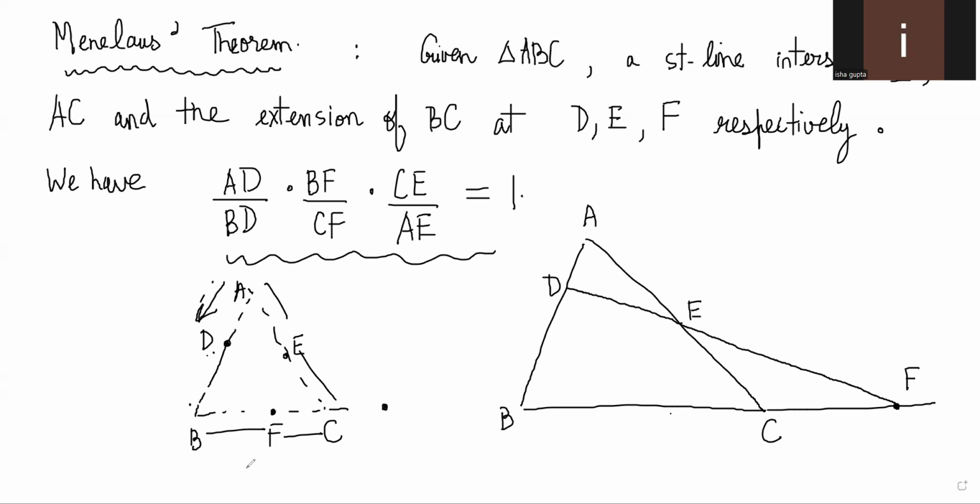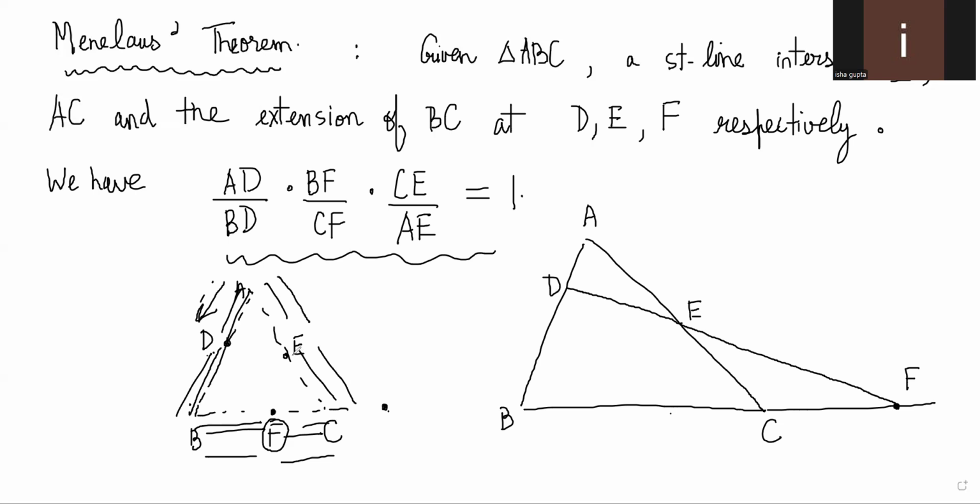Do you understand? For this to work, you have to imagine this point F to be inside, okay? AD by BD, BF by CF, CE by AE, the product of these. If I wrote it in the opposite order also, it would work. You would get AE by CE, CF by BF, and BD by AD.